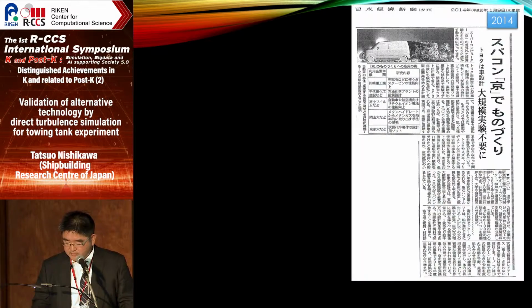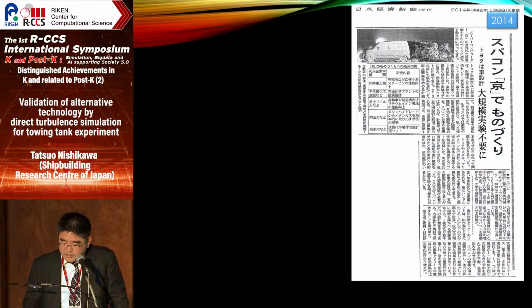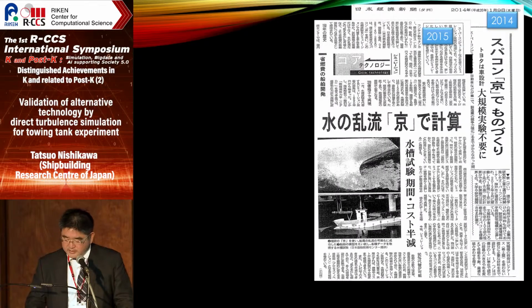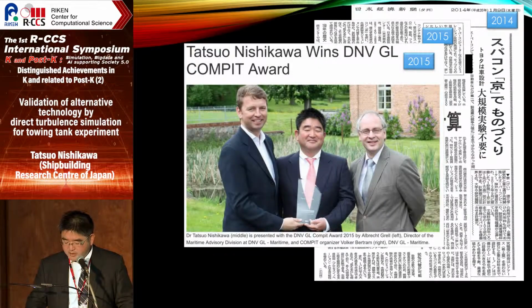During this research, some media reported our achievement in 2014, the Nikkei newspaper, and the next year, the Nikkan Kogyo newspaper. And in the same year, we won the Best Paper Award at an international conference.